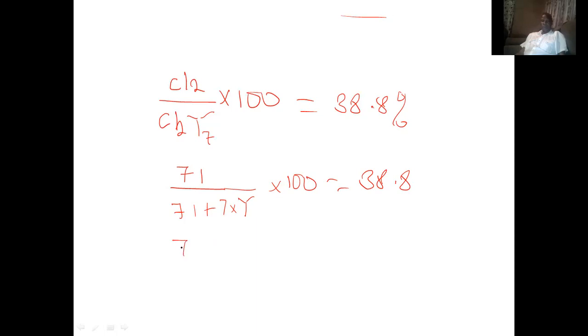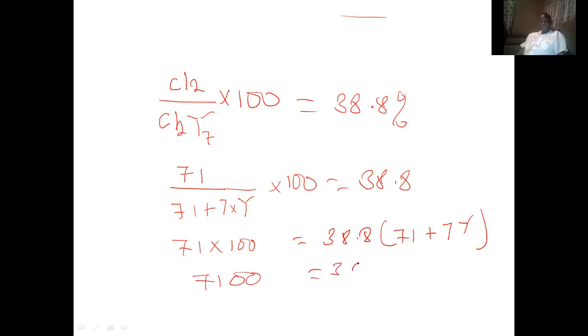So what we're going to have is 71 multiplied by 100 is equal to 38.8 multiplied by 71 plus Y. So this gives us 71 is equal to 38.8 multiplied by 71 plus Y.